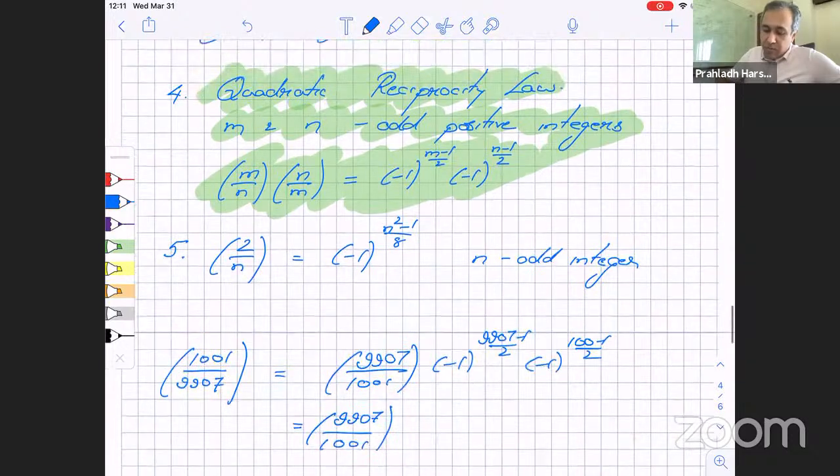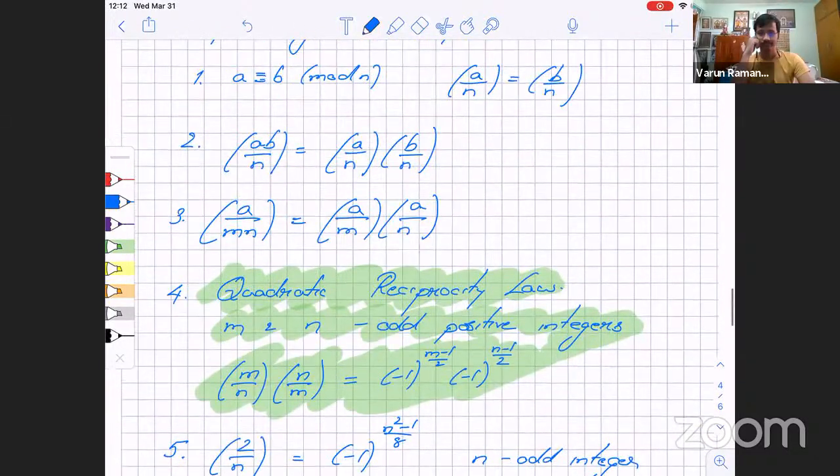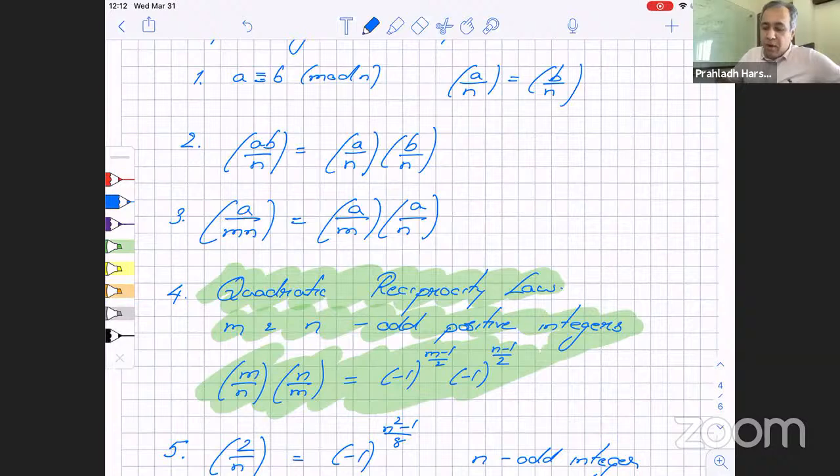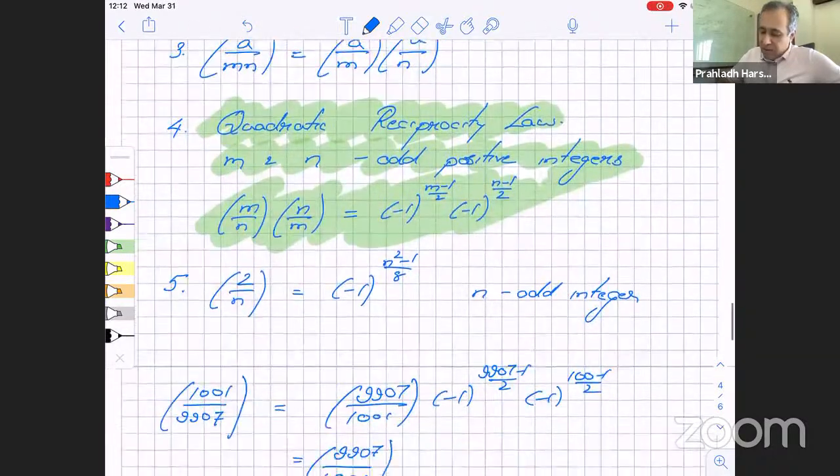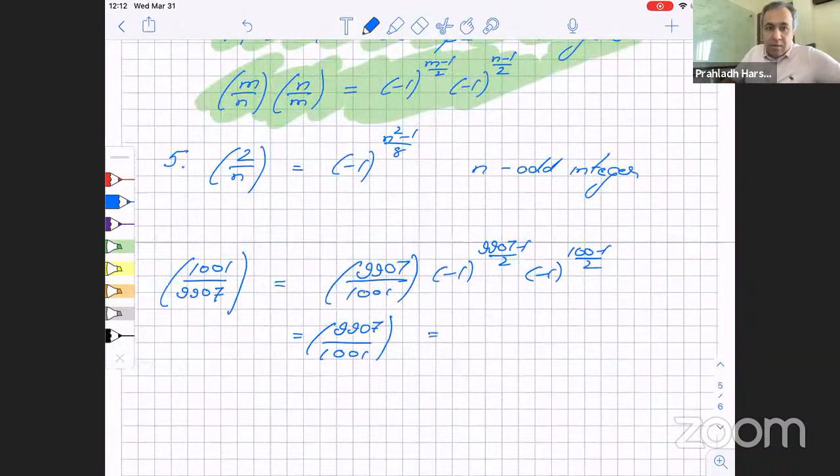But now I will use property 1: if a is congruent to b mod n, then (a/n) is equal to (b/n). So I can just reduce 9907 mod 1001, and it becomes 898 over 1001.